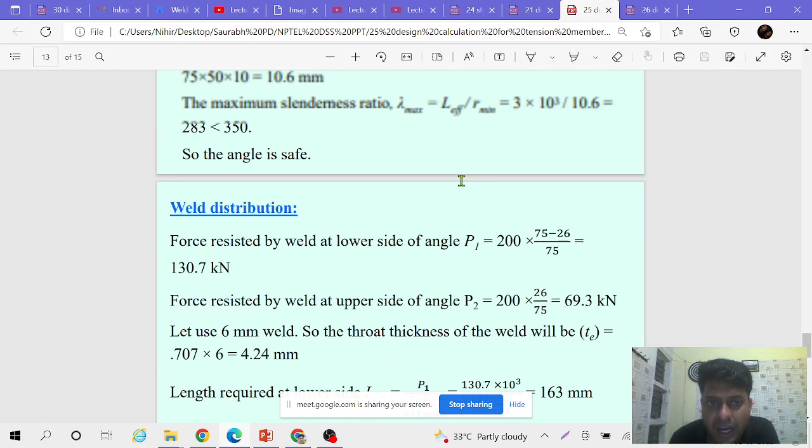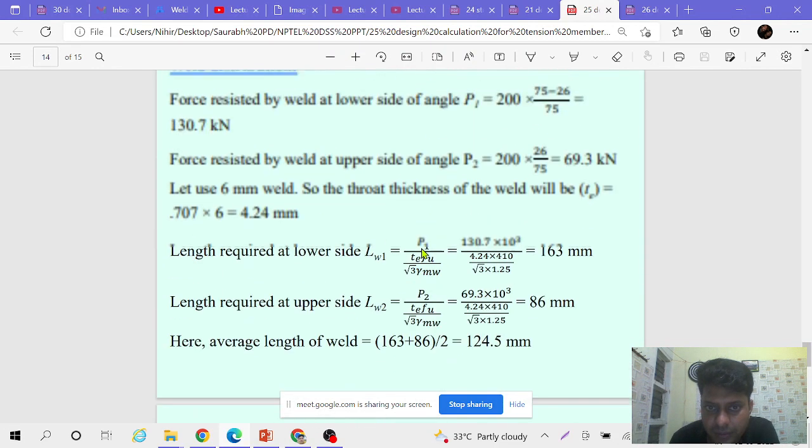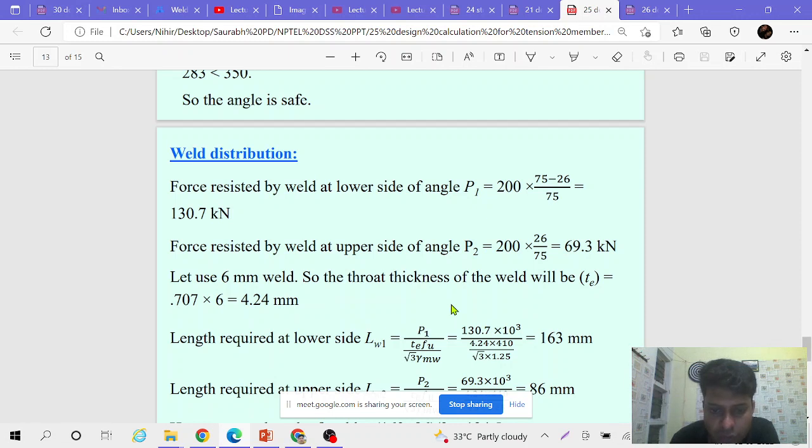The 261 we are calculating here is the minimum value, like you can see 654 and 732 or 261.36 somewhere. From here it has only been confirmed that it is not less than 200 kilonewton. But our member is subjected to a load of 200 kilonewton, I guess. That is why P1 and P2 are different; these forces are calculated based on this 200.